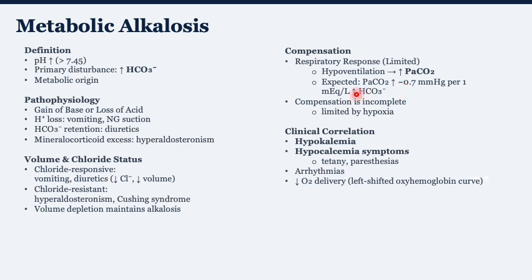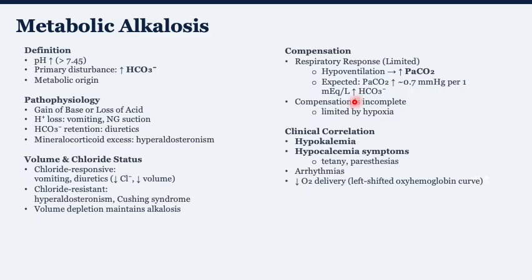It is expected that the carbon dioxide increases by about 0.7 millimeters of mercury per 1 milliequivalent per liter increase in the bicarb.